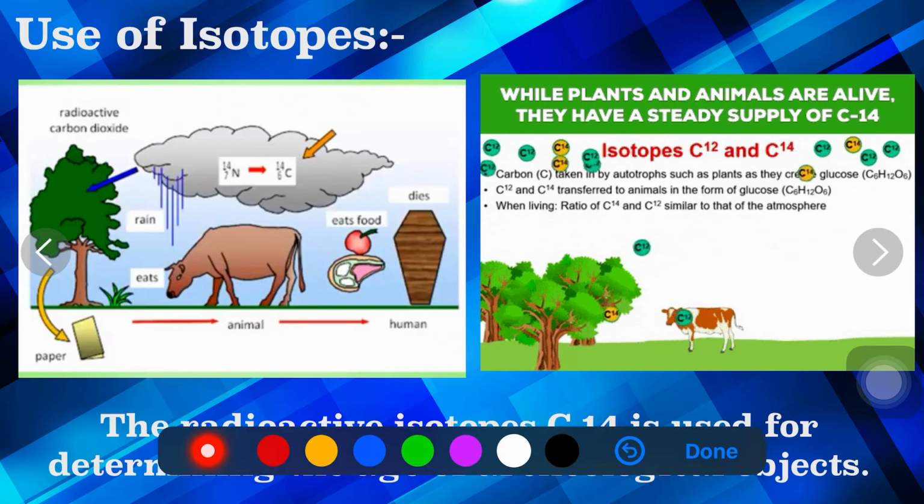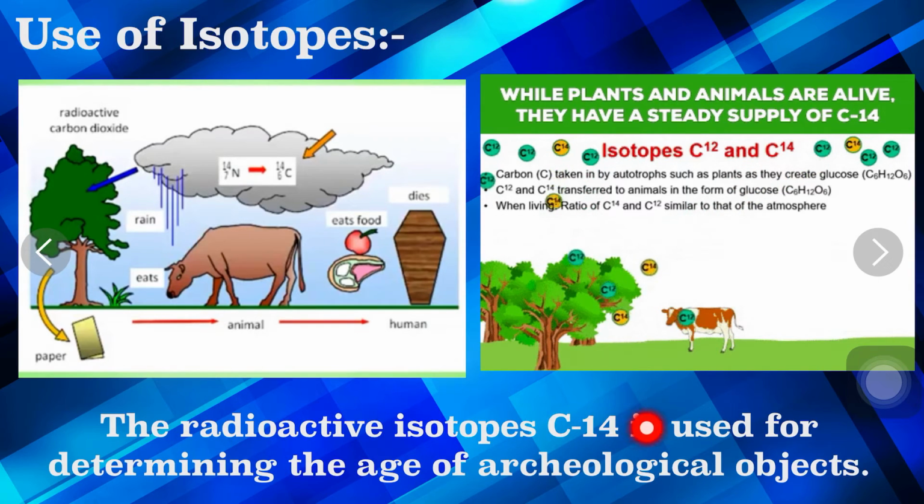Students, even the radioactive isotope carbon 14 is used for determining the age of archaeological objects. As you can see, while plants and animals are alive, they have a steady supply of carbon 14. Carbon is taken in by autotrophs such as plants as they create glucose, that is C6H12O6. So carbon 12 and carbon 14 are transferred to animals in the form of glucose.